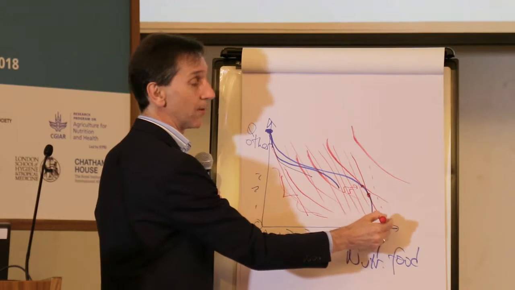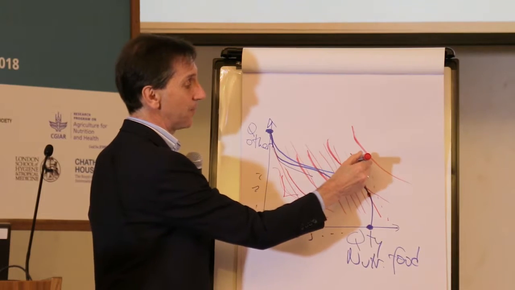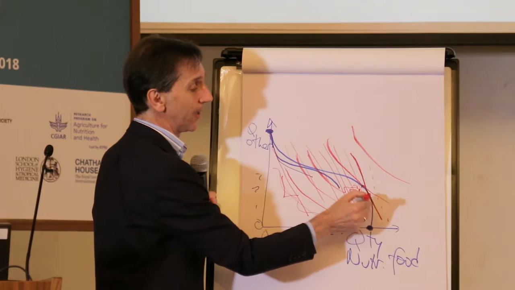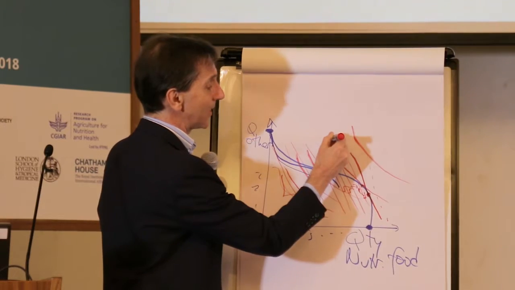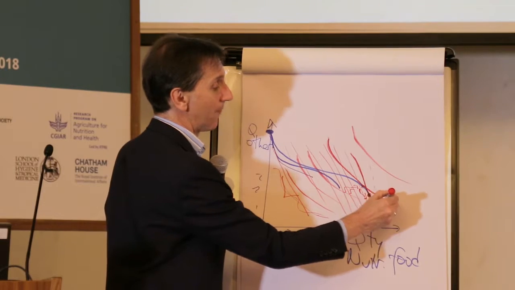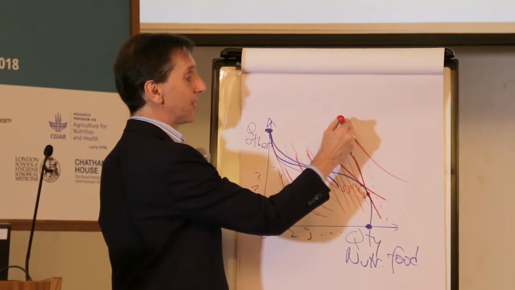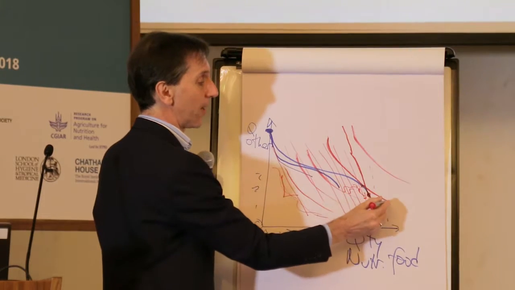This is not possible because it's above their production possibility frontier. But this is possible. It involves producing a little more than that and allows them to get to a higher level of indifference than this. So I need a dashed indifference curve that's above this one.